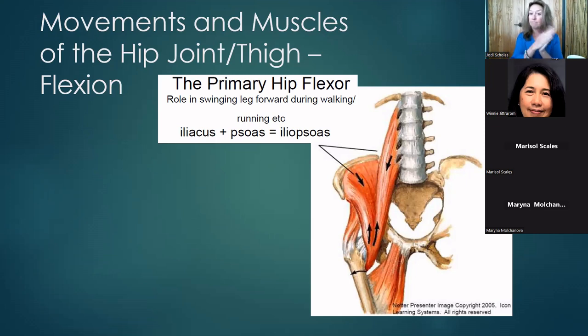They are synergistic, what we call synergistic. They work together, they support each other. And so the primary movers of hip flexion, when that femur comes forward, is your iliacus psoas. Technically together, the iliacus and the psoas.